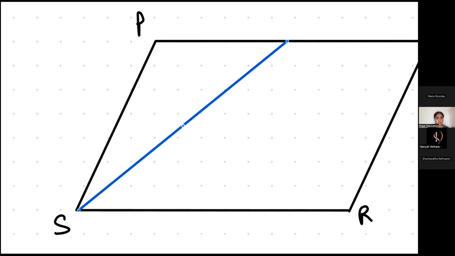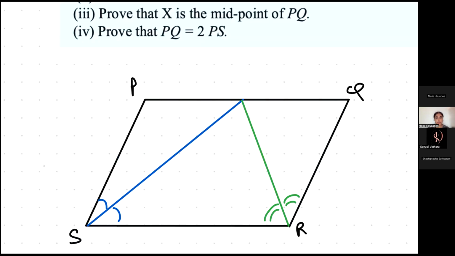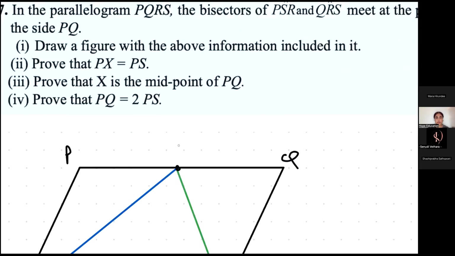That means this part and this part are equal. Then there's a line going through this bisect කියලා කියන්නේ that divides this part and this part into two. And they meet here, and the point is X.